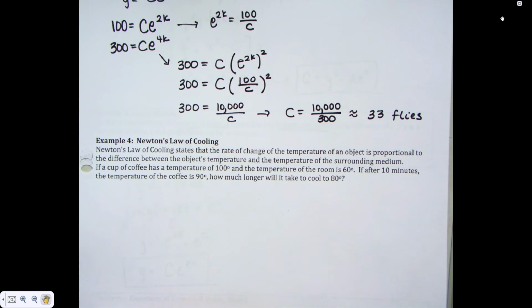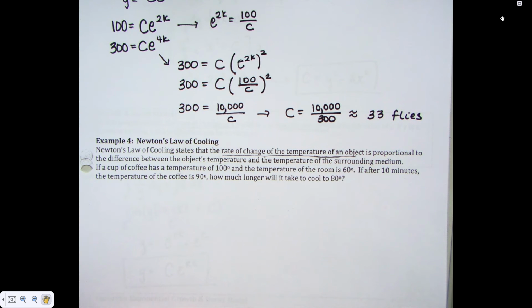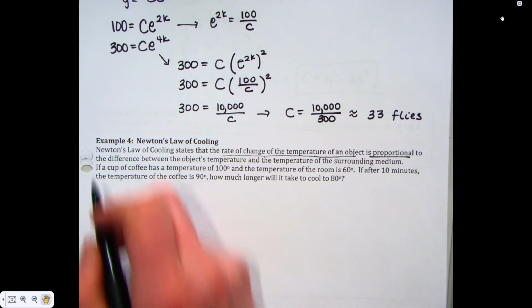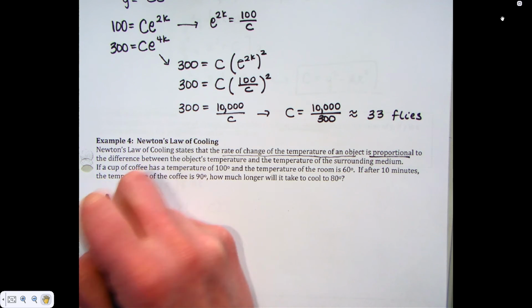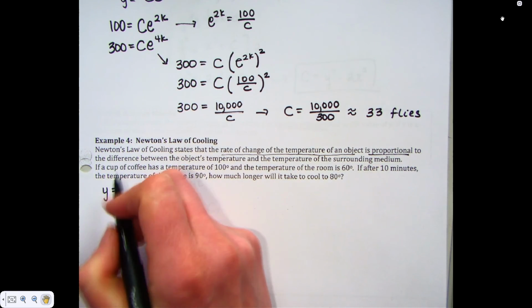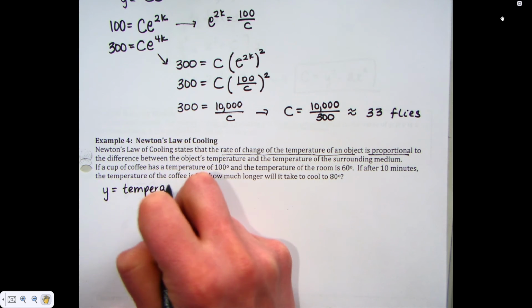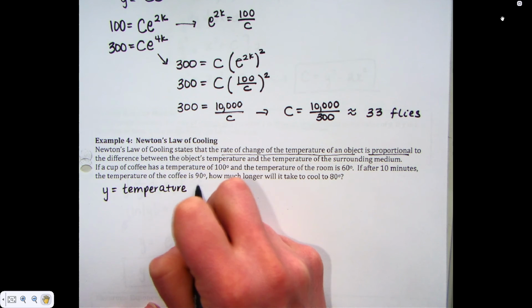It states that the rate of change of the temperature of an object is proportional to, so I still have the temperature. Let's call that y. I don't want to use t for temperature because there's also t for time here. So let's say that y is the temperature of your object. In this problem, if I keep reading, it's my coffee.